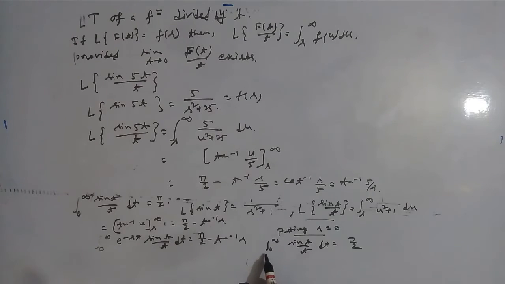So the integral from 0 to infinity of sin t by t dt equals pi by 2. It is proved. So in this way, using Laplace transformation, we can perform integration also. Now I will go to the next property.